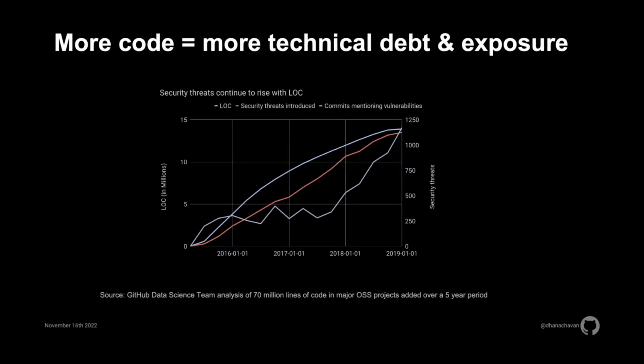More code, more vulnerabilities. What is scary is this red line that you see. That means that security threats are increasing at a linear pace with the other two lines. What does this mean? It just means that even though developers are aware of the risk of vulnerabilities, we still don't see a reduction in threats.